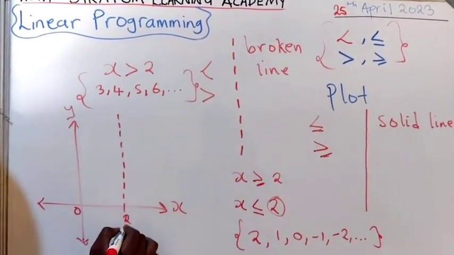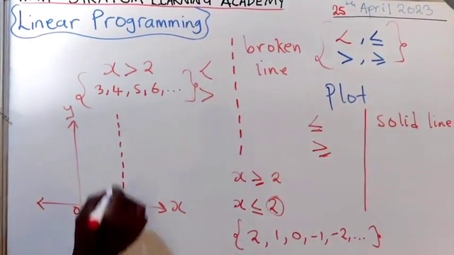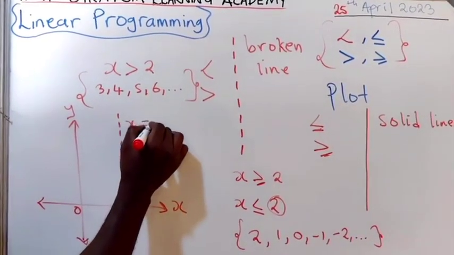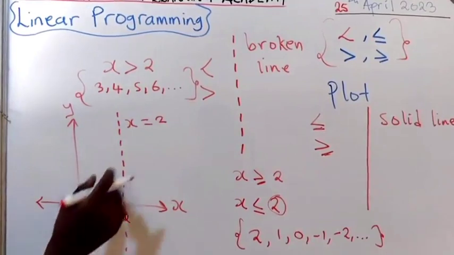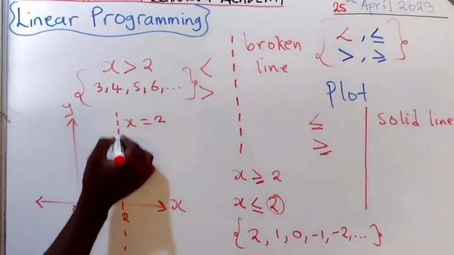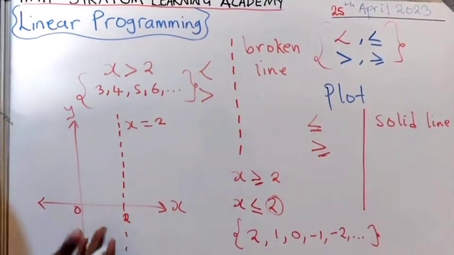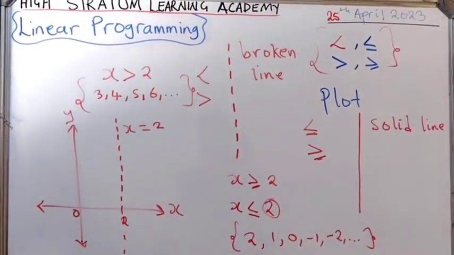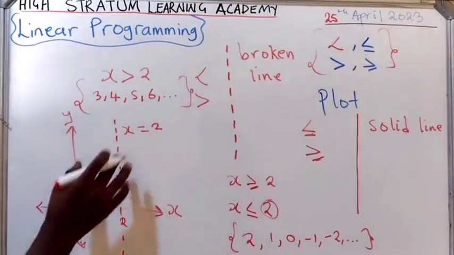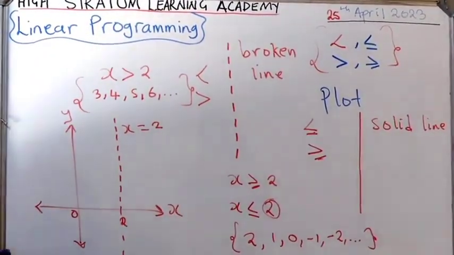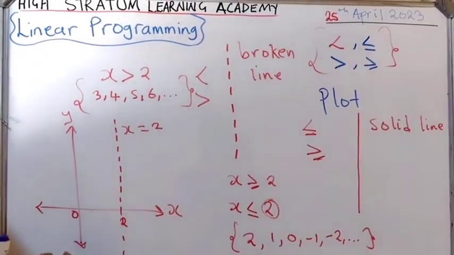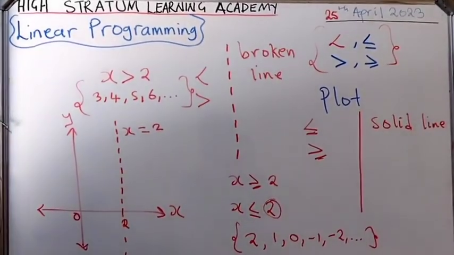This is a broken line. Then we say x equal to 2. I hope you understand this. So we draw this broken line if it's not equal to the solution set. This is what we mean. So you have to understand the two types of lines, a solid line and a broken line.